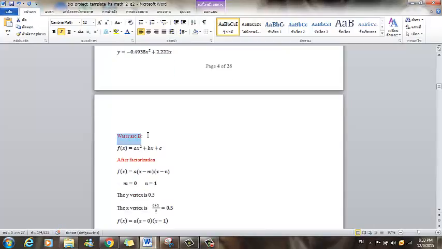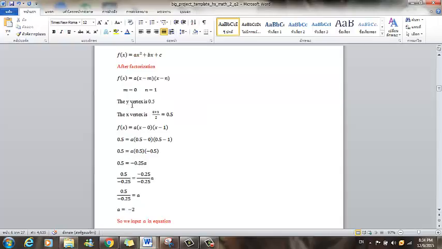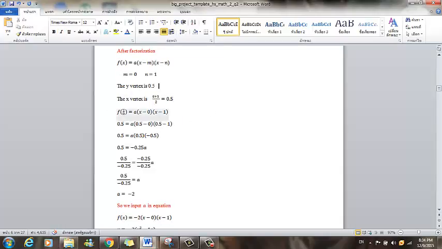So for water arc B, we factorize into this. M is 0 and n is equal to 1. So the y vertex is 0.5 because 0.5 is the height. And the x vertex is 0 plus 1 divided by 2, which equals 0.5.